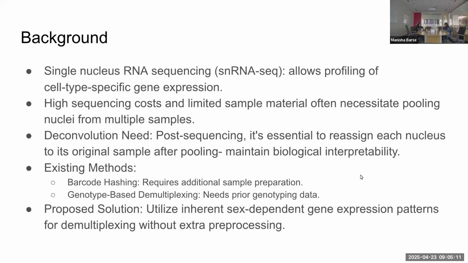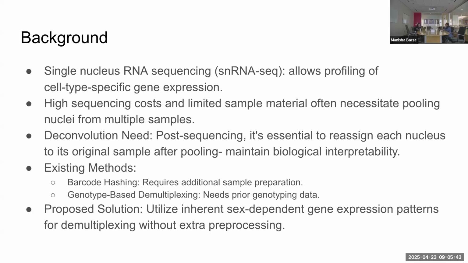To begin with, some background about single RNA sequencing: it allows profiling of cell type specific gene expression. But for single nucleus RNA sequencing, the sequencing costs are really high, and because we have limited sample material, we often need to pool the nuclei from multiple samples.